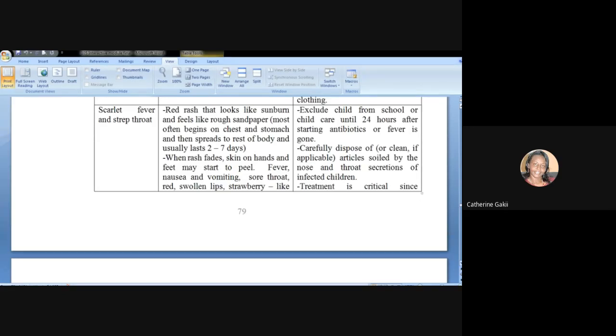Another symptom, when this rash fades away after 2 days, after 3 days, after 4 days, depending on a child's body and the immune system, the skin on the hands and on the feet may start to peel, you know? You can peel literally, get hold of the skin and pull it. It will peel the way you peel an avocado cover. The same way you can peel the skin off.